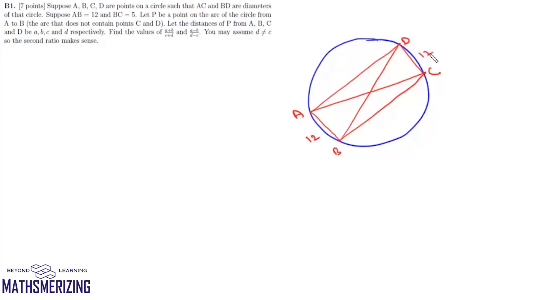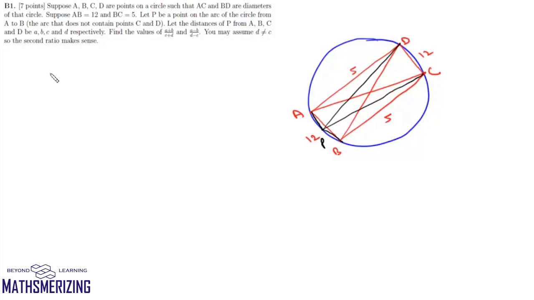CD is also 12, and then BC is 5, and this AD is also 5. Now it says there is a point P in between AB. So we have this point P, and then we'll join P with ABCD. We'll need to find the value of A plus B upon C plus D.